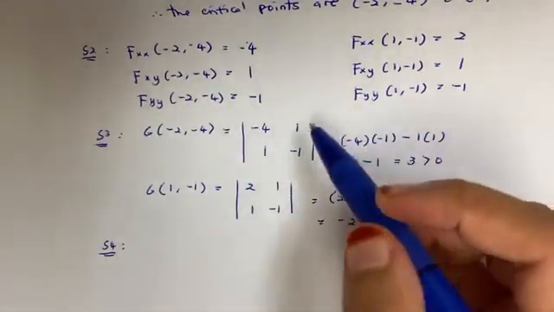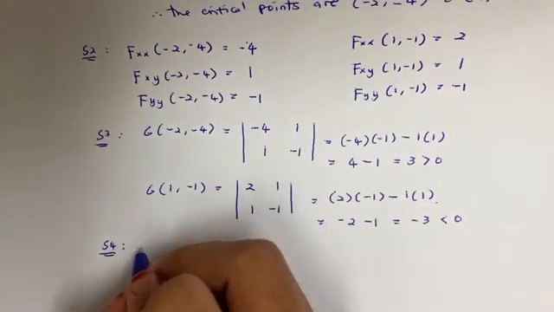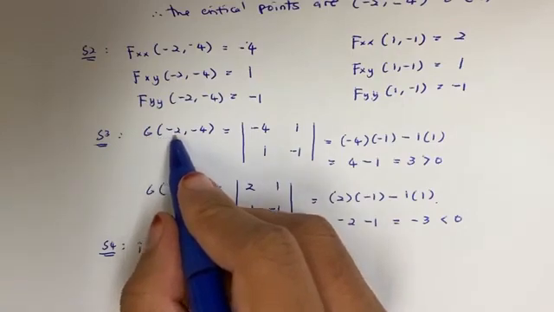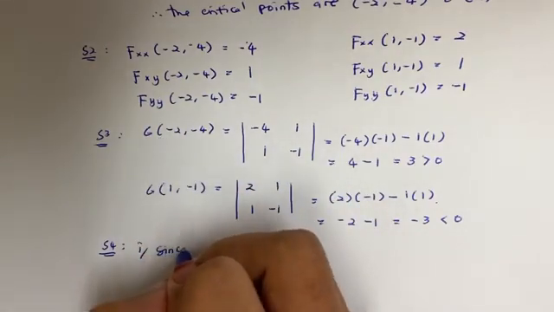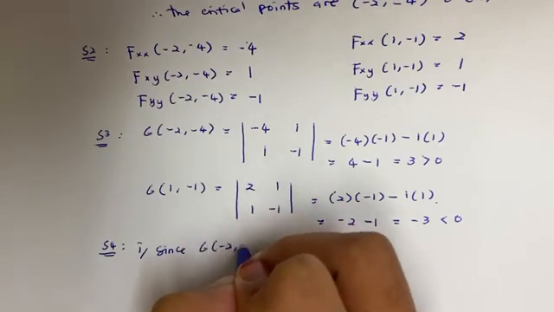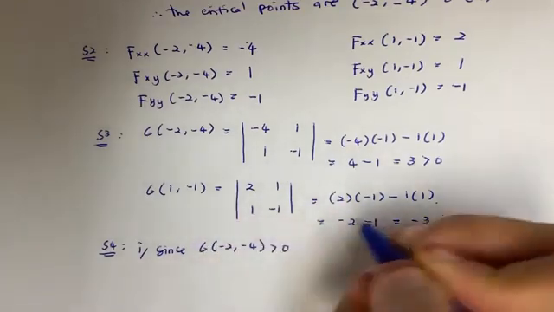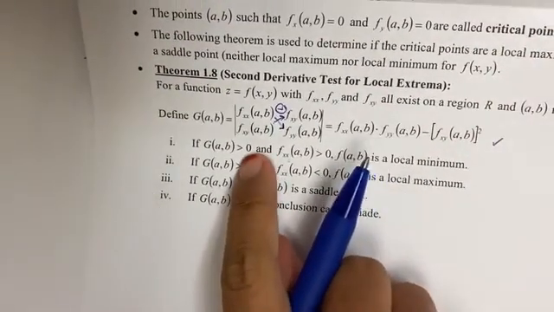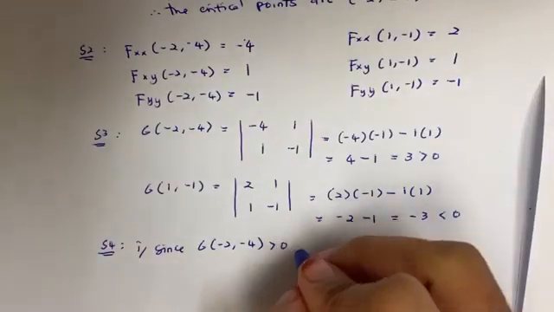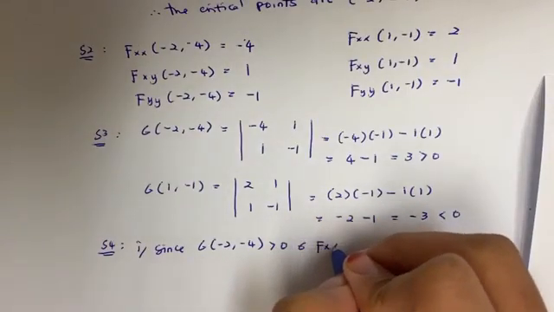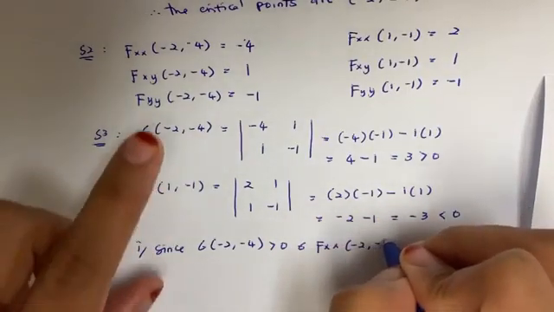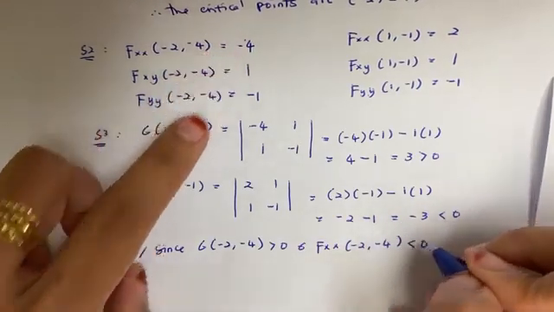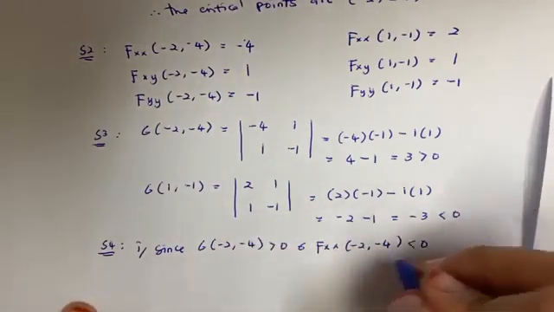Since we have two critical points, we have two conclusions. The first conclusion refers to the first point. Since g at negative 2, negative 4 is greater than 0, look at the fxx. fxx for negative 2, negative 4 is equal to negative 4, which is less than 0.